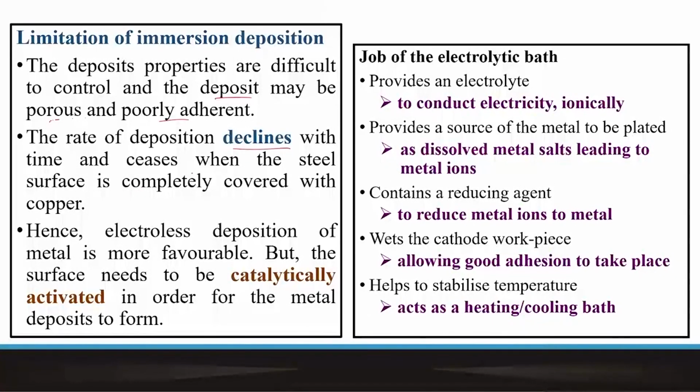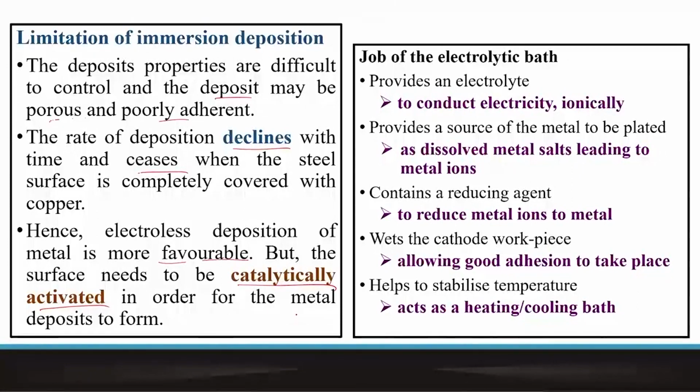The rate declines with time because the supply of ions decreases, and ceases when the steel surface, or the iron surface, is completely covered with copper. Hence electroless deposition of metal is more favorable than this immersion deposition, but the surface needs to be catalytically activated for the metal to be deposited.